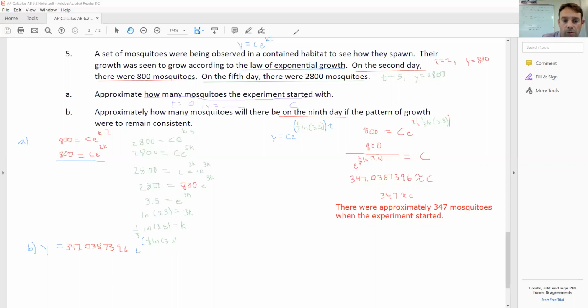So we've been kind of dealing with this, finding values here to make this thing cleaner. So what I want to do then is I want to figure out how many there are in the 9th day. All right, I can do that. So I'm going to plug 9 in for t.